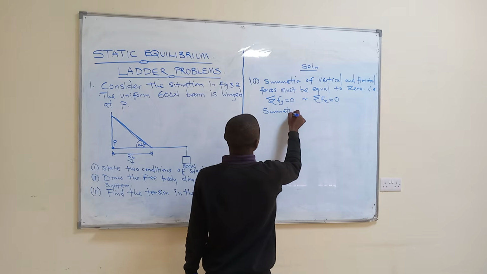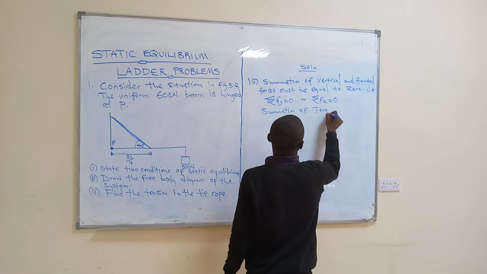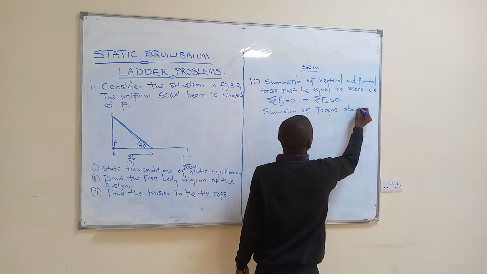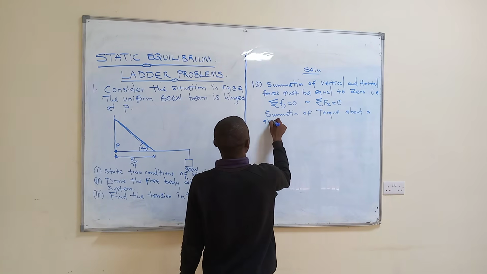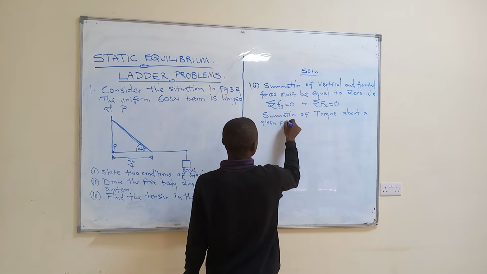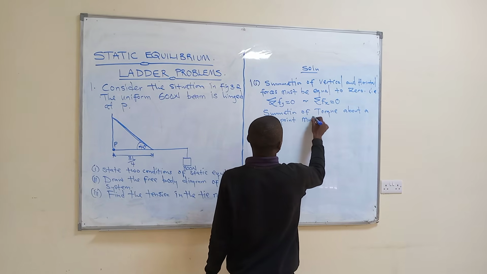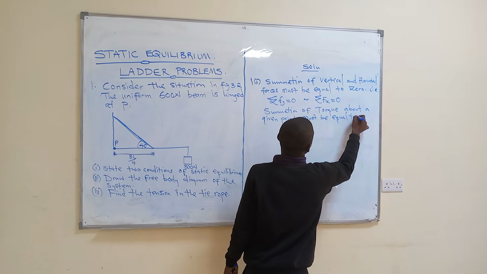summation of torque about a given point must be equal to 0.